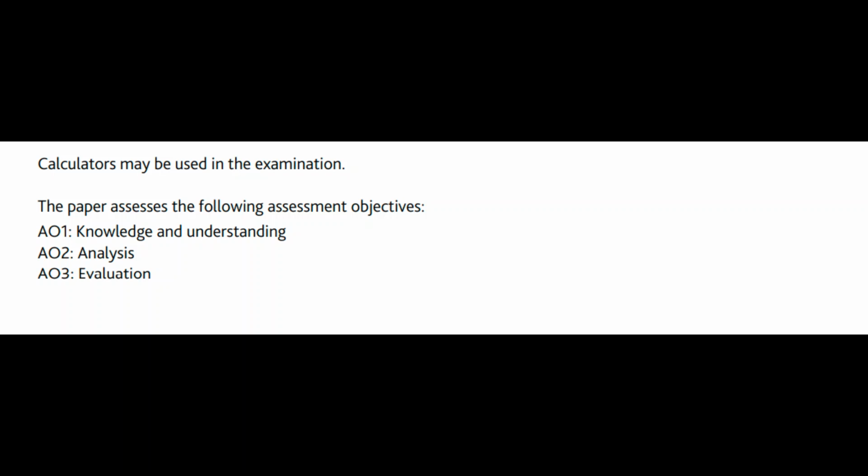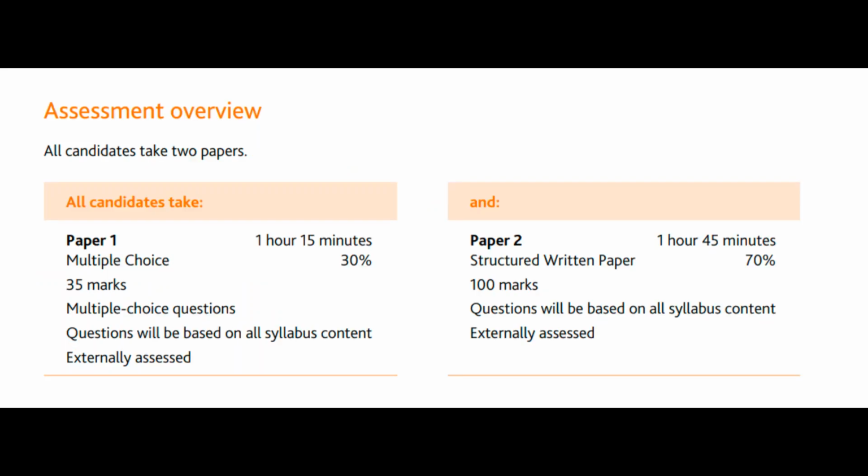We will discuss that in detail too. This paper is of 100 marks. Duration is 1 hour 45 minutes. Weightage. Paper 1 contains 30% of the entire grade, whereas paper 2 contains 70%.